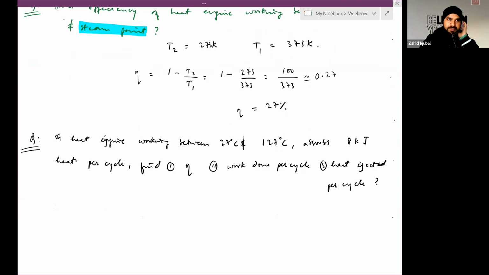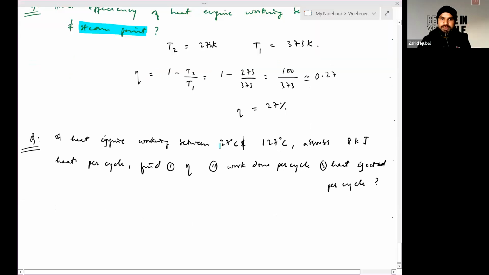Let me give you some hint related to this part. We have initial temperature 27 degrees Celsius and higher temperature 127 degrees Celsius. So convert 27 and 127 into Kelvin. The smaller value will be the temperature of the sink and the higher temperature will be the temperature of the source. Using these two values, try to find eta. Then it absorbs 8 kilojoule from the source, so that is the value of Q1.